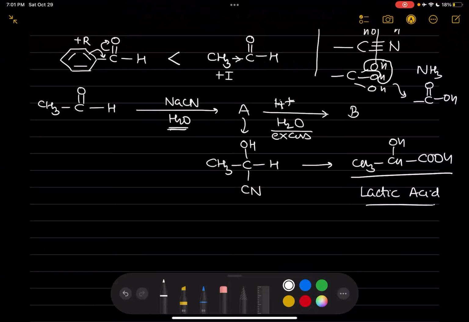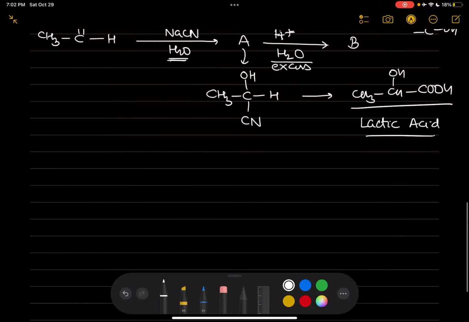It's lactic acid. What's the IUPAC name? So lactic acid preparation is asked. It is there in the NCERT also, from acetaldehyde. Is it clear?